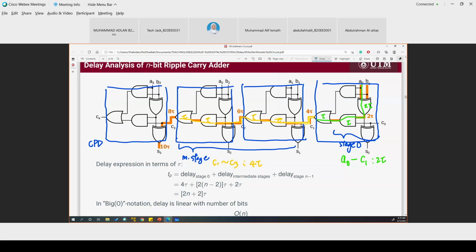Then the last stage is on the last full adder. Here from C3 going into an XOR, so it's A to S3.